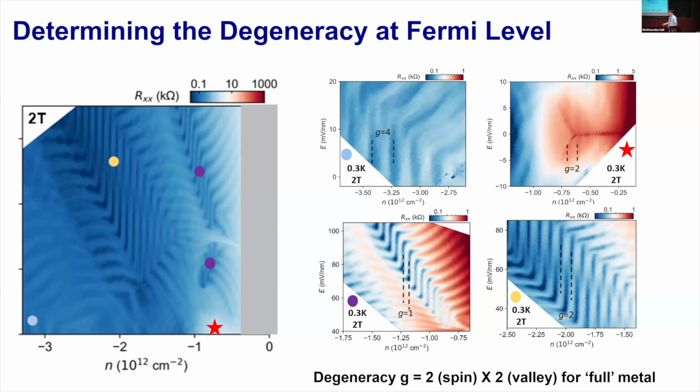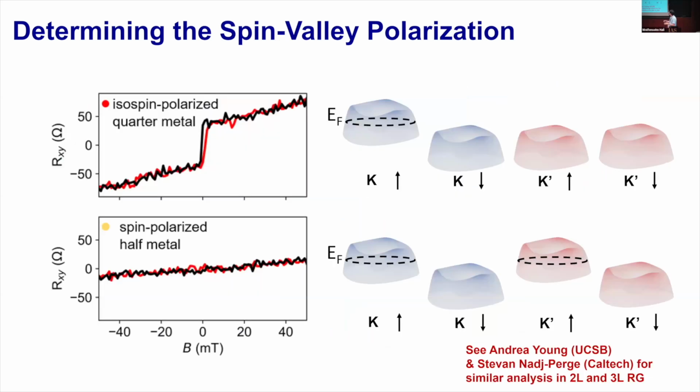And apparently, that corresponds to only 1 out of the 4 isospin or spin-valley copies being occupied. So it is a quarter metal. So by doing quantum oscillations like this, we can get a basic idea of what the degeneracy is at the Fermi level. Of course, this doesn't tell you exactly which symmetry is broken.